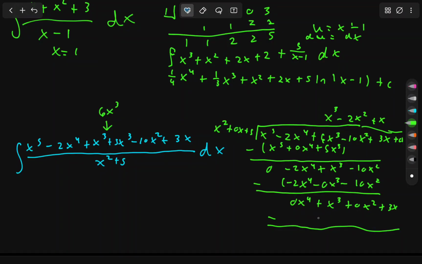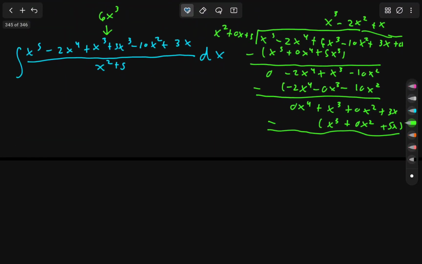So we get x cubed. x times 0x squared is going to be 0x squared again. And then x times 5 is going to give us plus 5x. So now we are left with x cubed minus x cubed, which is 0, plus 0x squared.